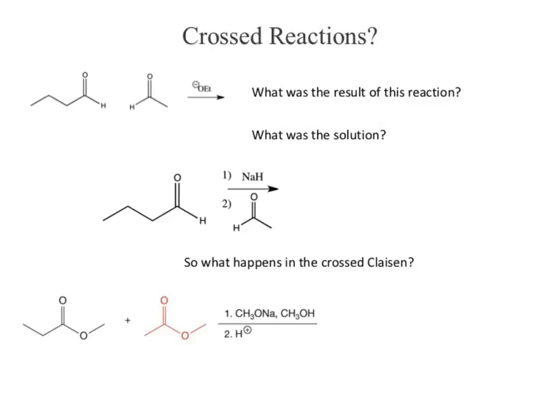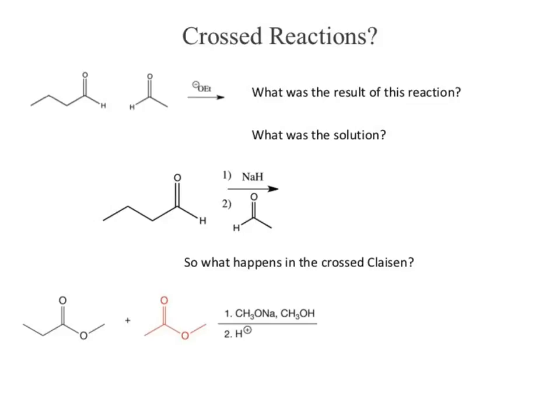Notice that the base used was O-methyl, and in both our esters we have O-methyl. So we still have the nucleophilic capability of our base, but it doesn't have an effect on our overall reaction because it regenerates the ester. This is what we talked about on that last slide. We're making sure that we don't have that as an issue.